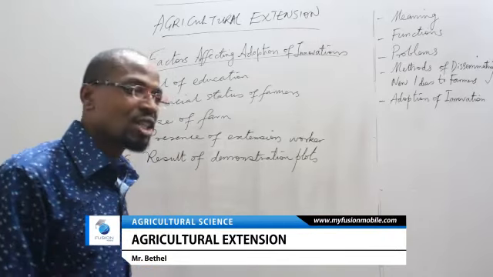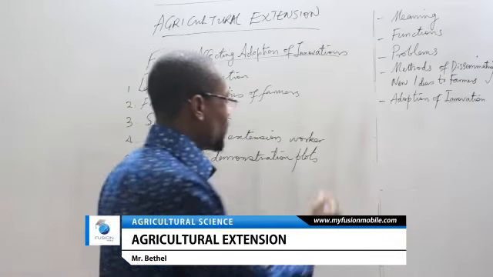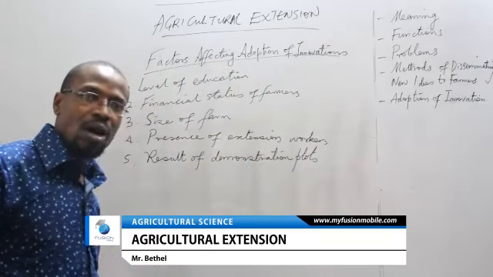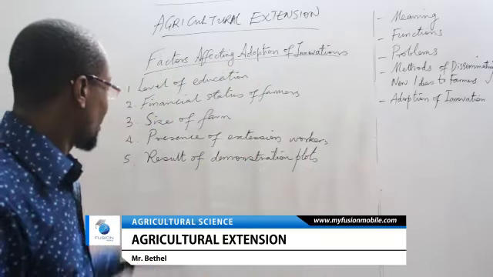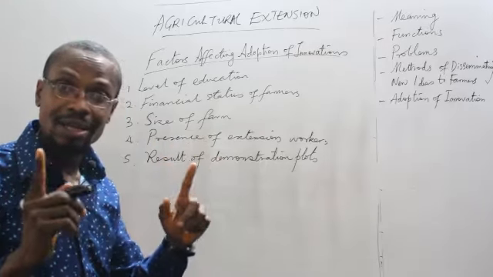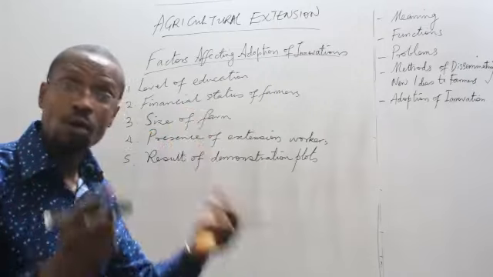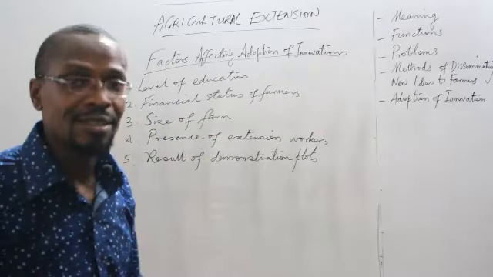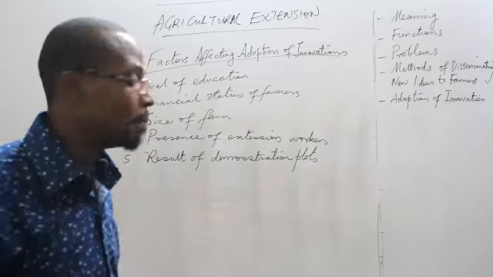Presence of extension workers. If there are no extension workers available, you can rest assured that the innovation that is being circulated or that is hovering around may not find ready ears or ready hands to implement them.